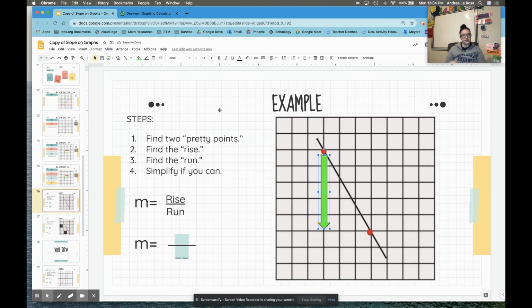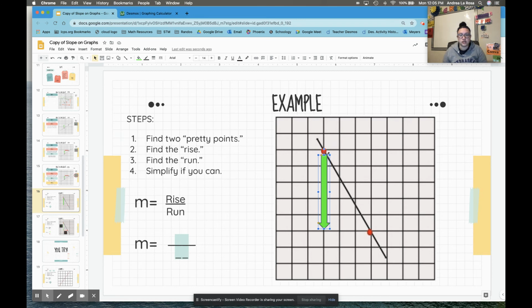If my graph is going down, does that mean I'm going to have positive or negative slope? If I'm going down, that tells me that I'm going to have a negative slope. So right off the bat, I know my M, my slope, is going to be negative.